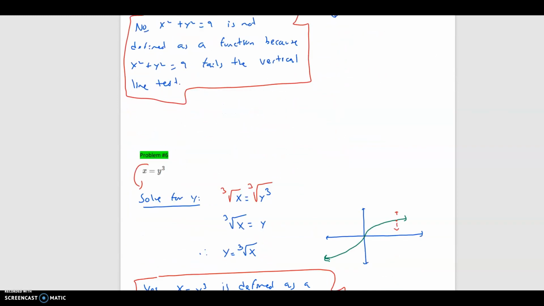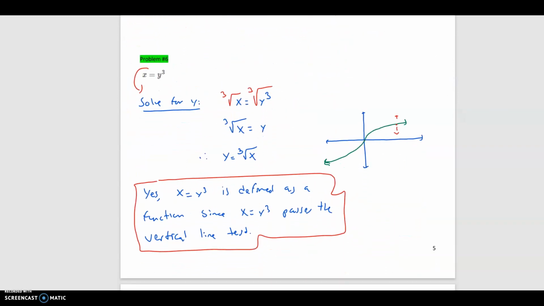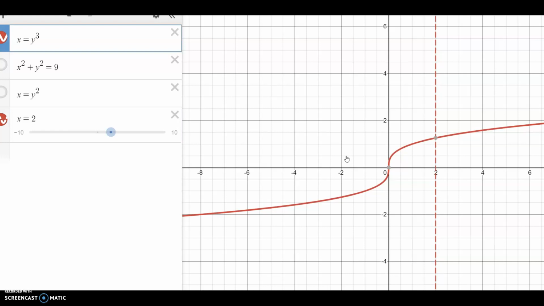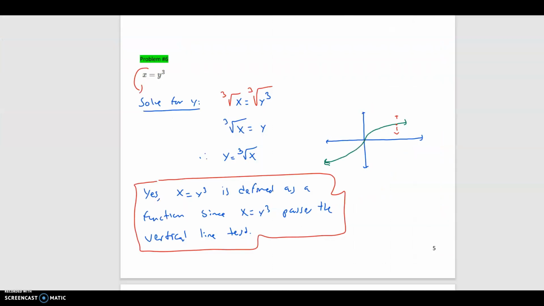And let's take a look at the last one. This is x is equal to y to the third. In this case, that's what your y to the third looks like. Let me select a different color. In this case, blue, and you can see that anywhere in space, you're just gonna have a single intersection. We don't have a single x giving you multiple y's, which is what we had here.